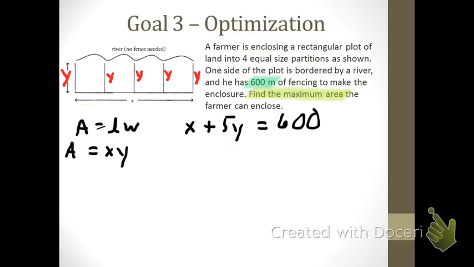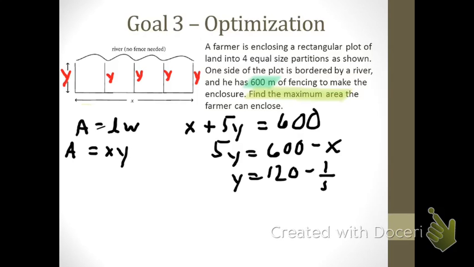In particular, I'm about to solve that equation for y by subtracting x from both sides and then dividing by 5. So we'll get 5y equals 600 minus x. And so y then would equal 120 minus 1/5 x.